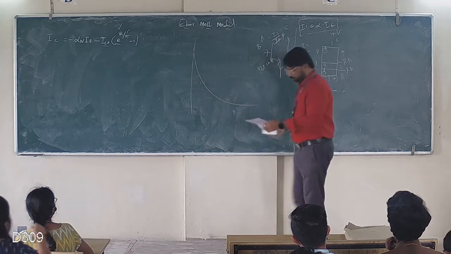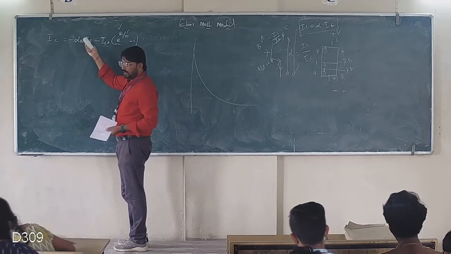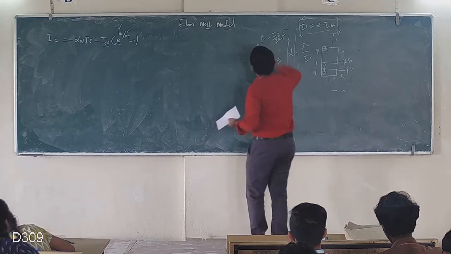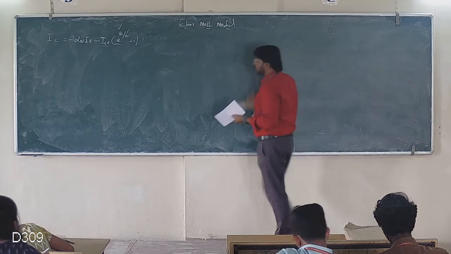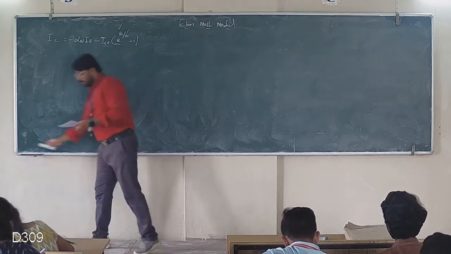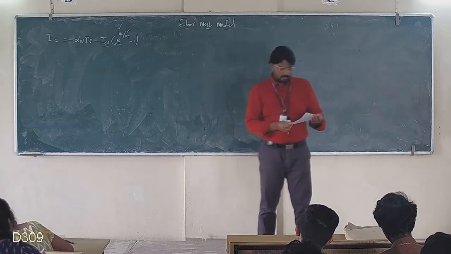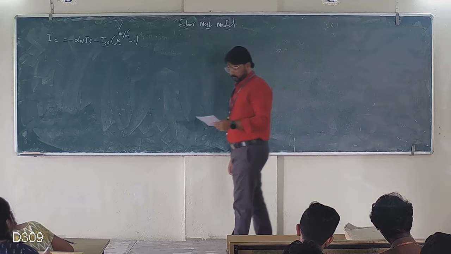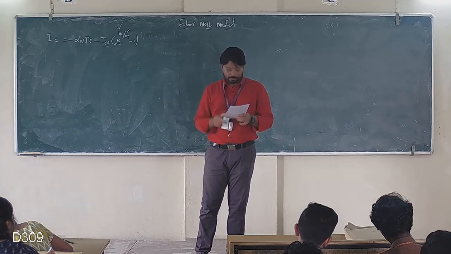Next line: where alpha n is the current gain in normal operation.